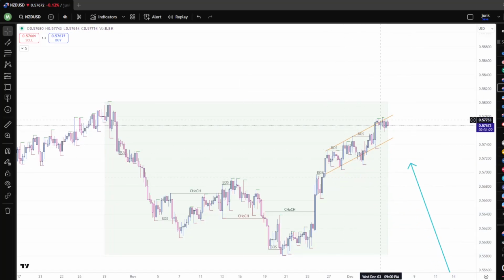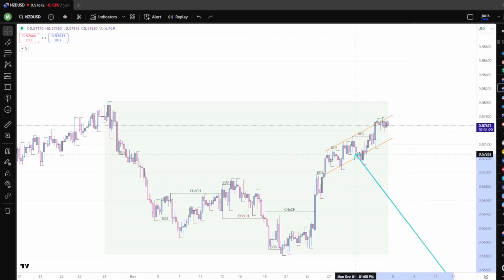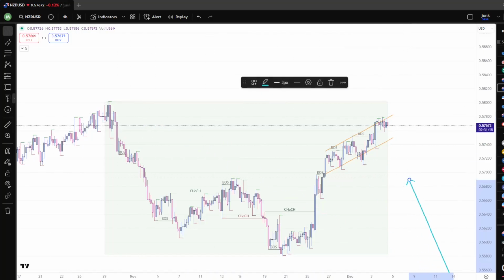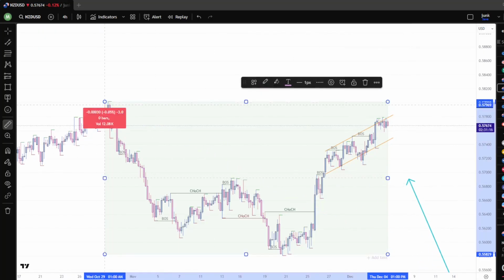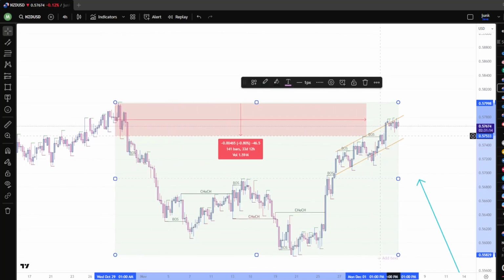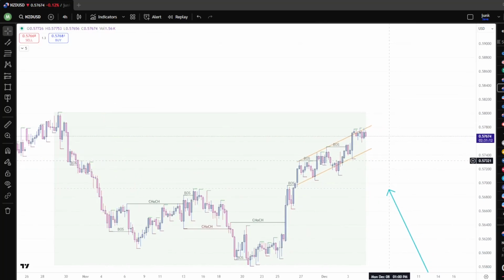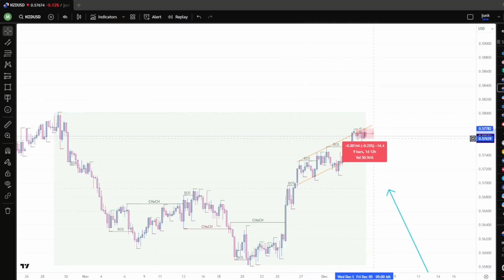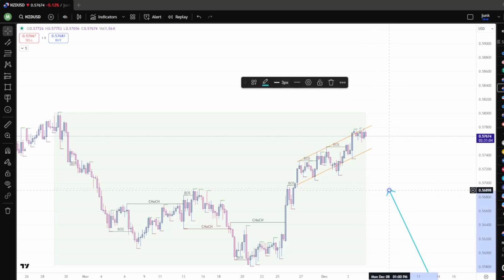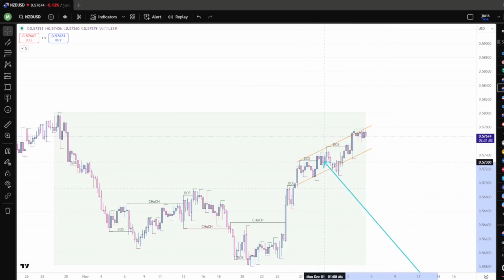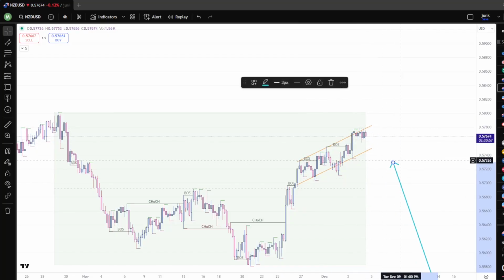Right now, it is consolidating in this area from where price pushed out. This area of supply, where price pushed out from for the sell. And as you can see, with NZD USD, price is consolidating here now. So we're going to see if any type of momentum, if this bullish momentum can continue, this higher high, higher low, higher high, higher low, higher high, can continue to the upside.